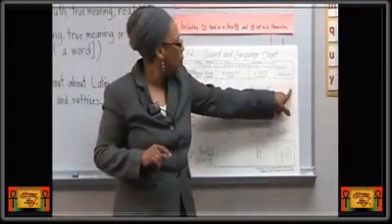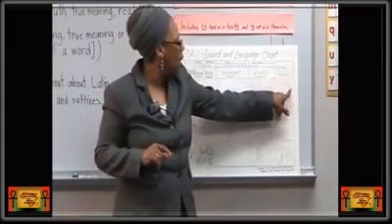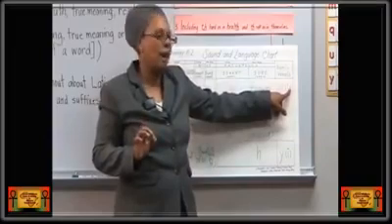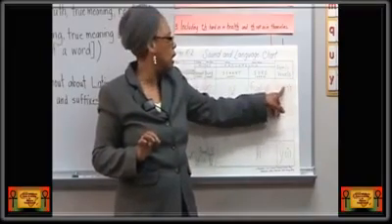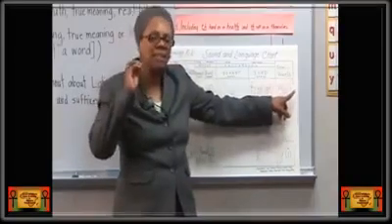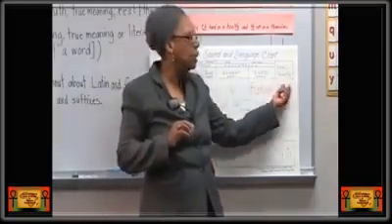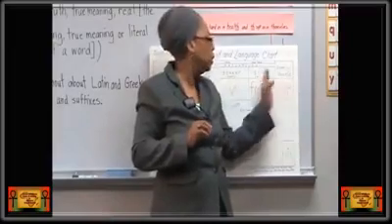I did a revision of this: W is a semi-vowel. U is not a semi-vowel, but U is sometimes used with the W. When we say W, you're not saying the letter name, it's actually the sound of the letter. Make sure you remember that.